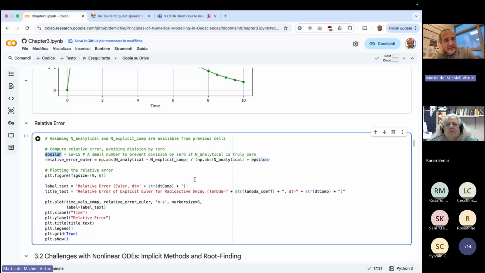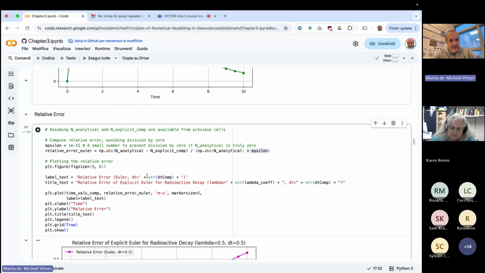Because otherwise, if we compute the relative error by using the analytical solution, when the analytical solution goes to 0, we are dividing by something that goes to 0. And so this could create a problem, round-off problem, or numerical errors, because we are maybe doing a division by a number which is too small. So we add a small quantity in order to avoid division by 0.